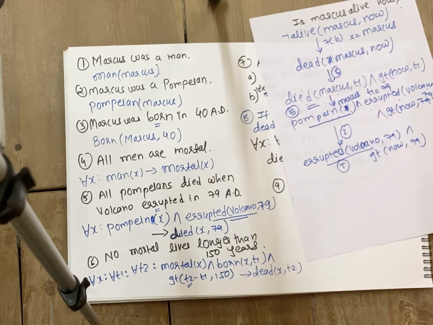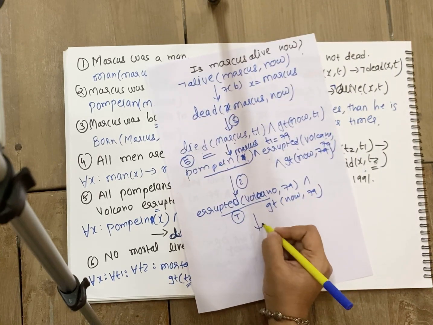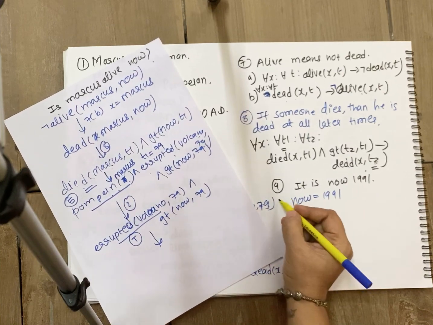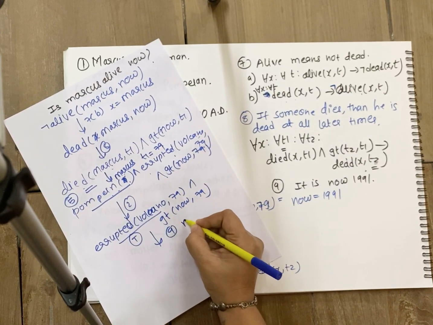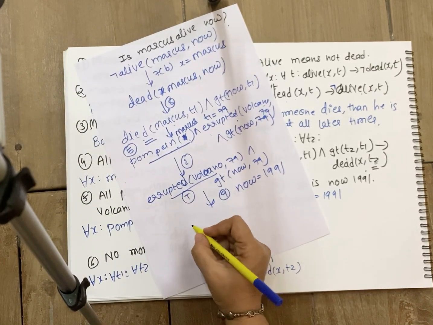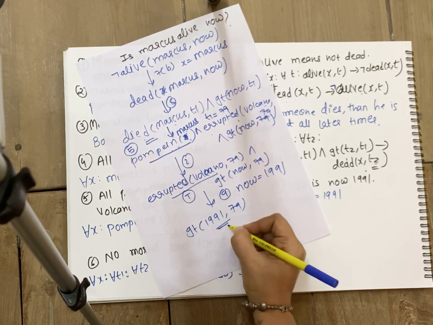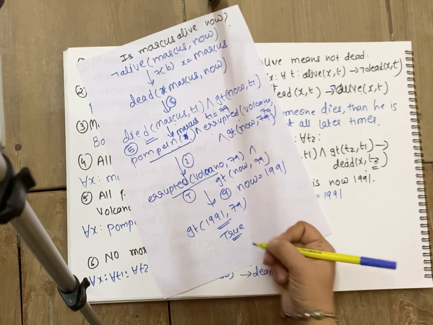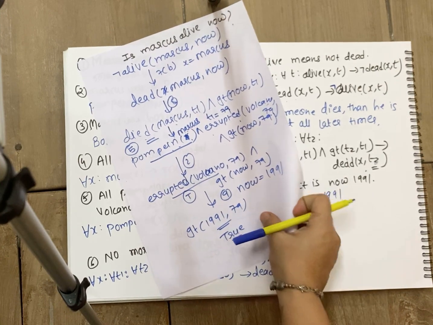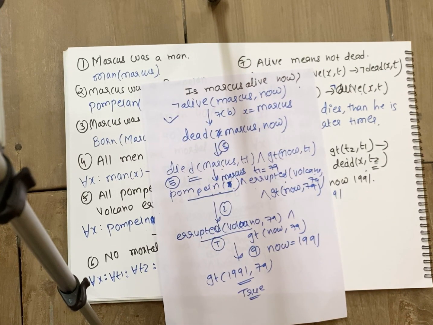And for greater than now comma 79, if we use 9 over here, then now is equal to 1991. So ultimately we have greater than 1991 comma 79, which is mathematically true. So what we have proved is that Marcus is not alive in 1991, that is now.